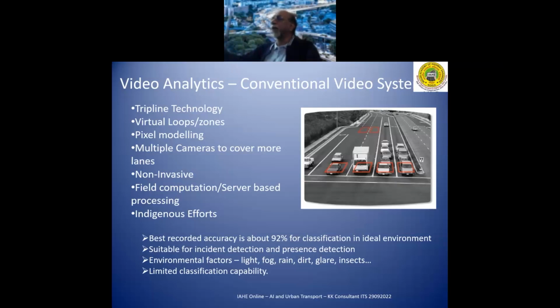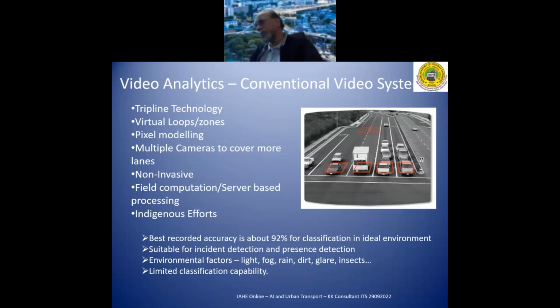As and when the image of the vehicle passes through that detection zone, it is made into data. And then there is pixel modeling, which looks at the vehicle and tries to interpret what vehicle it is. We need to keep multiple cameras to cover multiple lanes. This is non-invasive. The field computation systems are very costly because image processing is not an easy job.